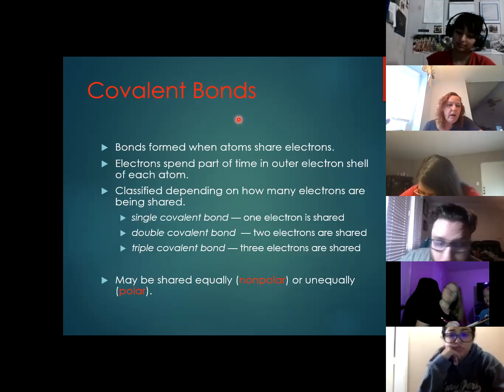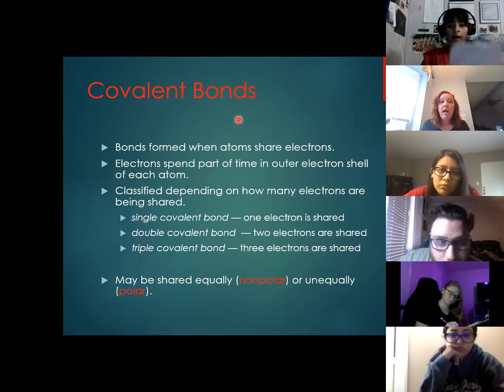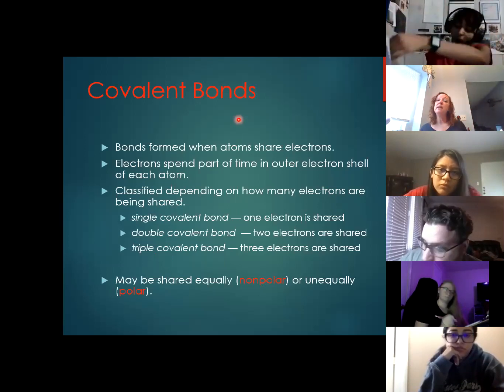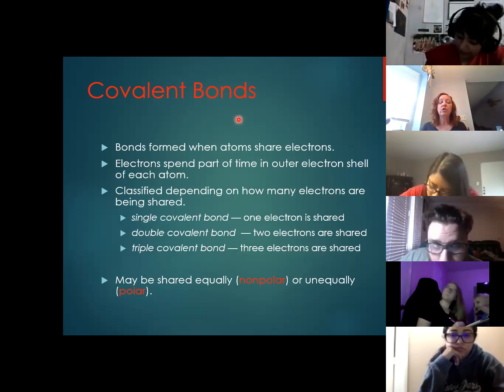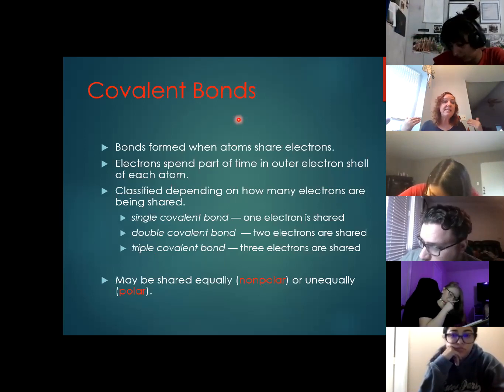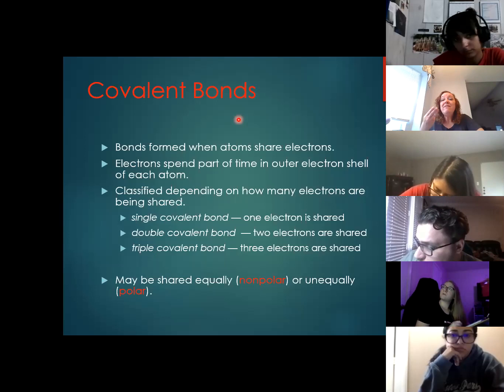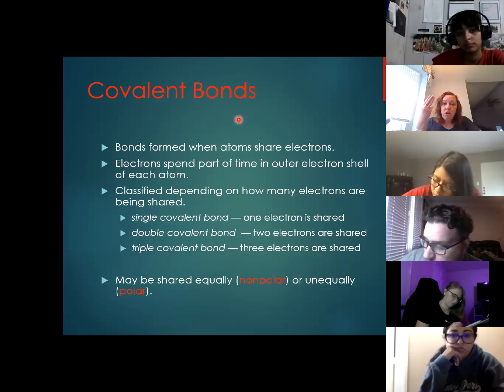All right, covalent bonds. Sharing is caring, caring is covalent. We just keep saying it over and over, strengthening that mental pathway. Now, with these covalent bonds sharing an electron, we can share more than one. We can have a single where they're only sharing one. We could share two, which would be a double covalent bond. We can even share three, a triple covalent bond.